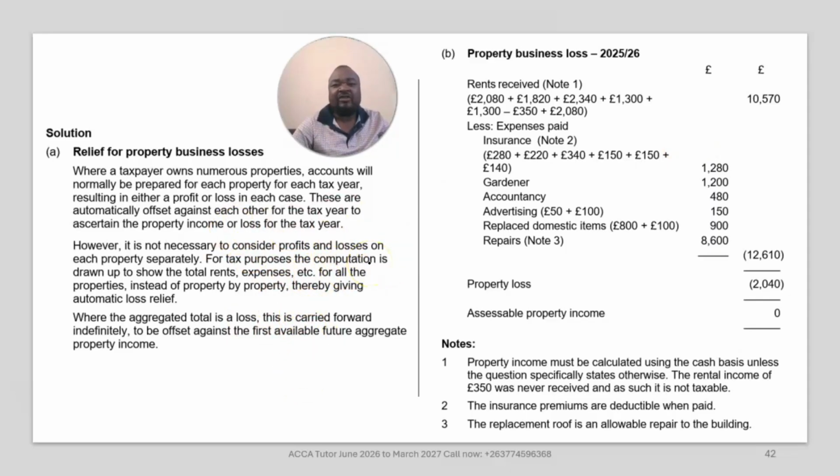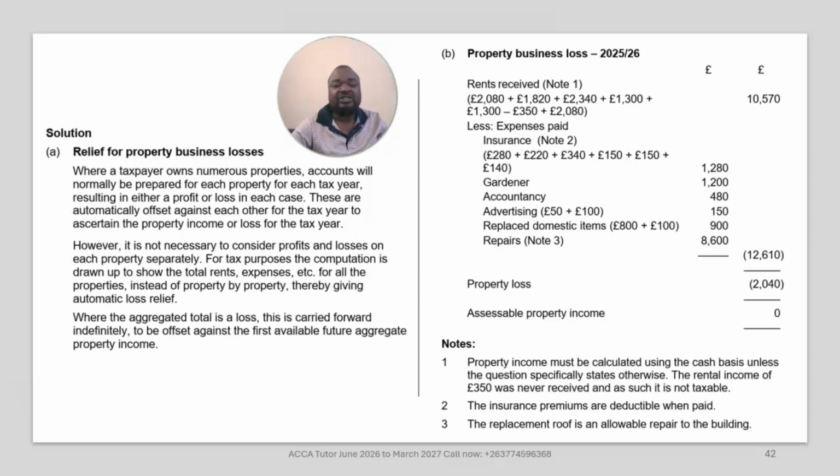You can read on the screen on your own. Then for part B, the business loss computation, remember we first have to consider the rents which were received. As I have already said, if the examiner did not tell you to use the accrual basis, always use the cash basis.